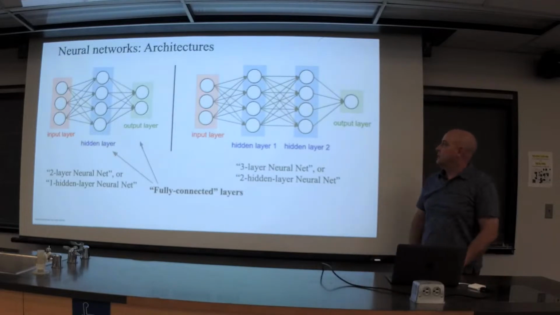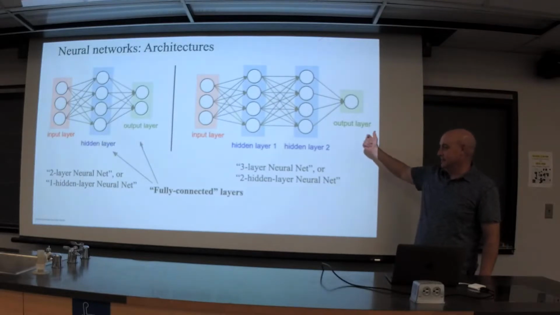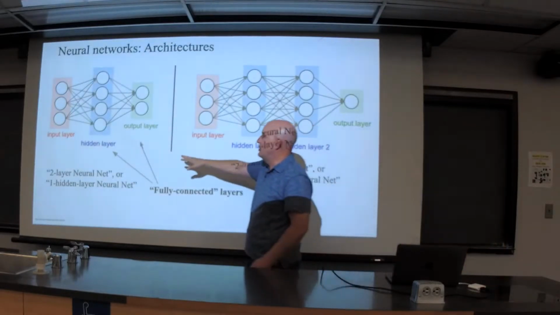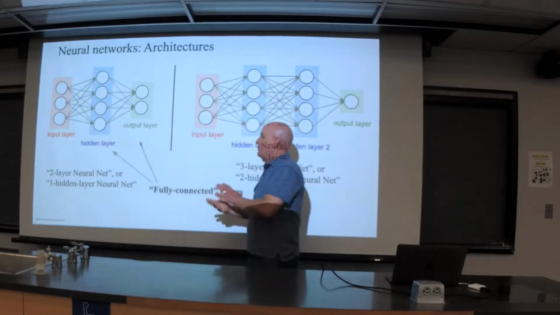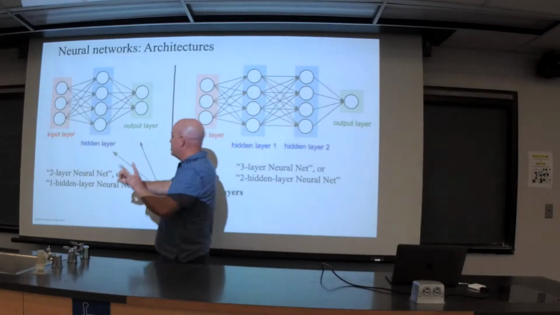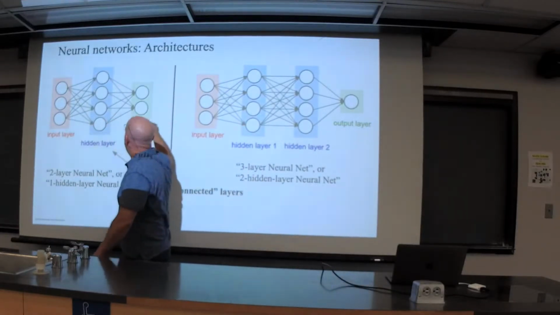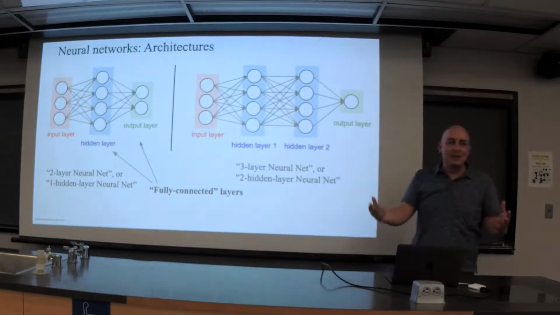So there's the nomenclature here about how many layers there are. It has to do with basically how many of those W's we're using. When there's 1 W, it takes us from the input to the output. That's actually not a neural network, or it's a zero-layer neural network.